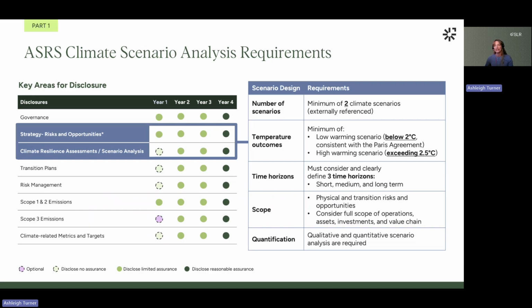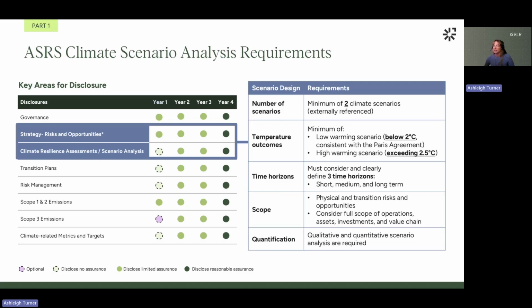These timeframes for climate tend to be longer than typical risk frameworks because climate risks often materialize over much longer timeframes. So your long term might look to align with asset life cycles, for example, going out to 2100, or your decarbonisation targets and planning time horizons, so maybe going out to 2050, say.